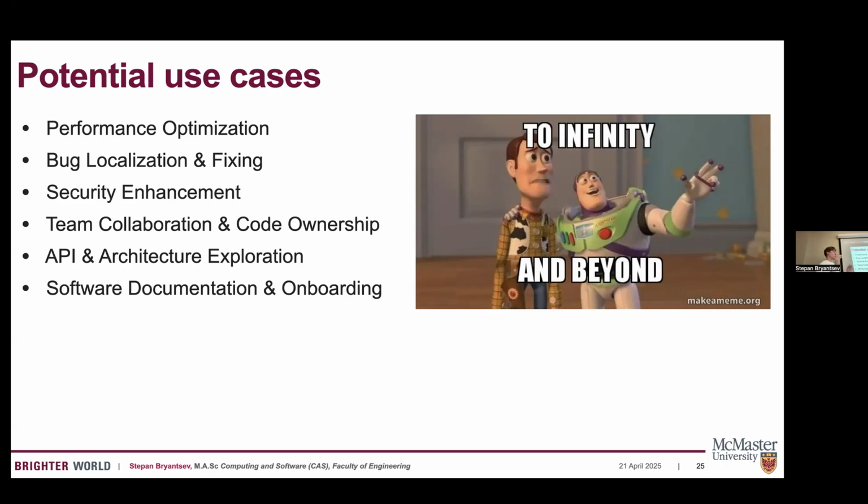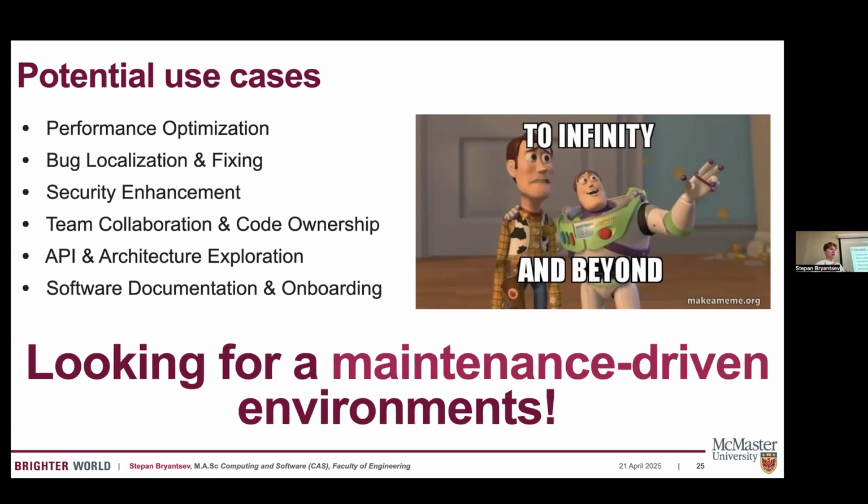We can basically imagine as long as we want, but the main problem here is that SST is very well implemented from a technical point of view, but we still need to have some maintenance-driven environment. So we need to find a real system with real problems to use it with the SST, because we need to connect with real people, with real processes, and see how we can support their day-to-day work.